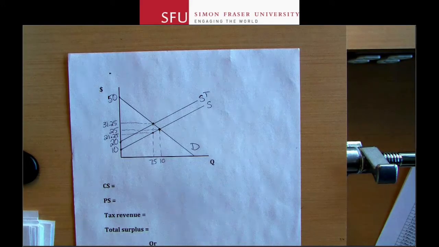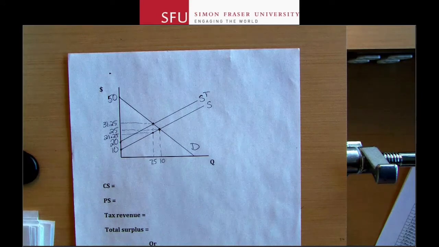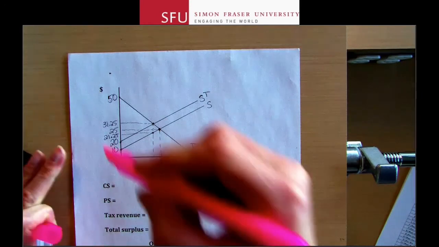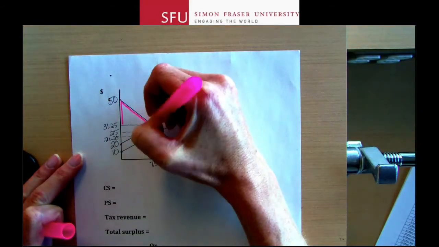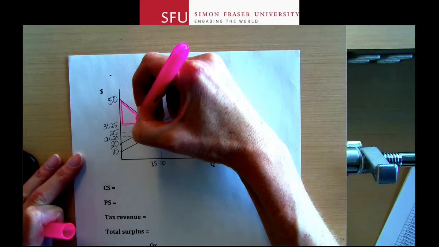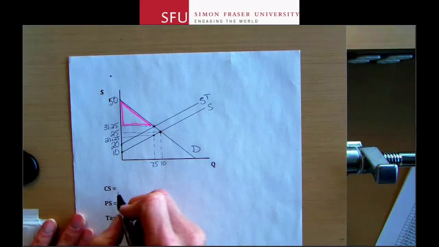Okay, and so then we've got all the numbers we need to do the calculations. All right, so consumer surplus first, so that's between the willingness to pay and the price they're paying, 31.25. So that's a triangle.